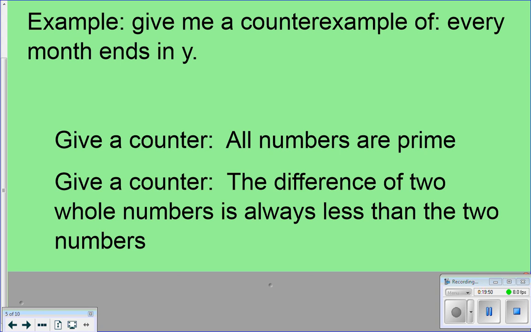Say that again so everybody gets it. Okay. 20 minus 5 is 15, and 15 is higher than 5. Even like 5 minus 1. 5 minus 1 is 4. 4 is higher than 1. See? So that's right. That's a good counterexample. Does everybody understand what that's asking now? Okay. That's what counterexample is.